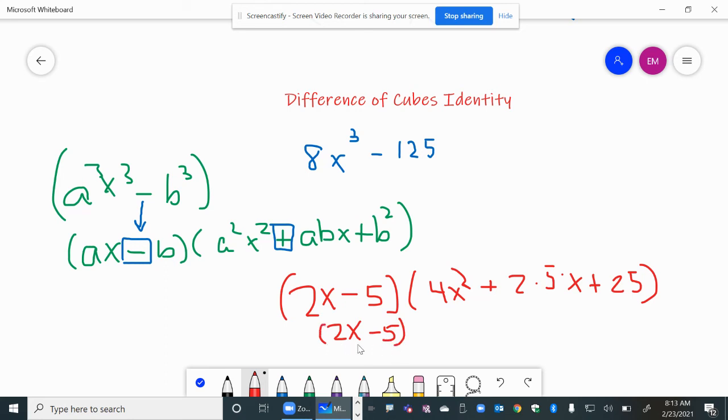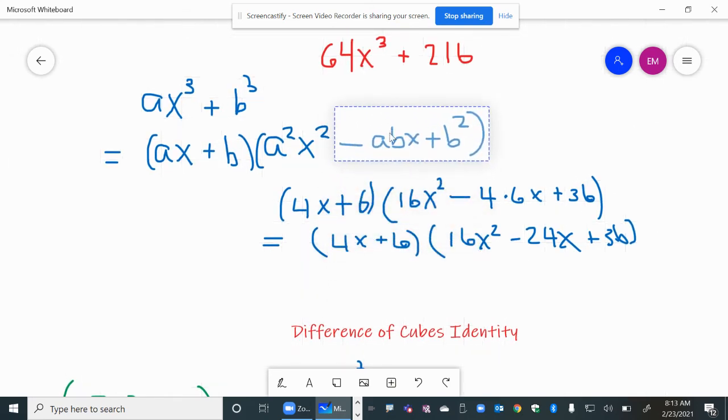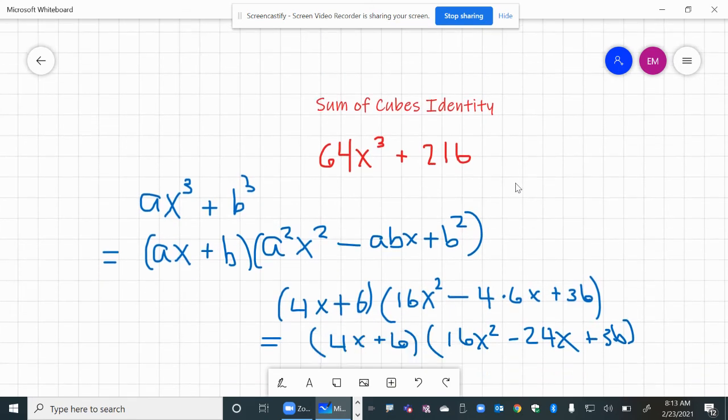So our final answer would be 2x minus 5 times 4x squared plus 10x plus 25. And you have now factored using the difference of cubes identity, or if you have addition, you can use the sum of cubes identity.